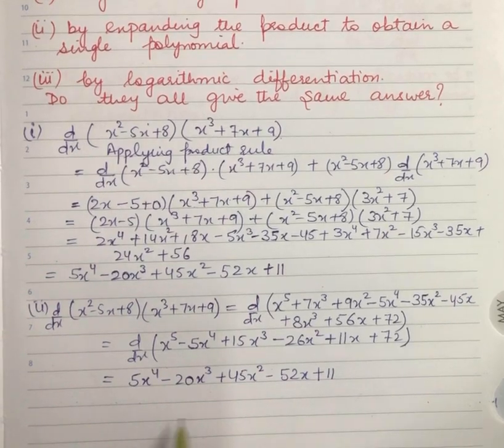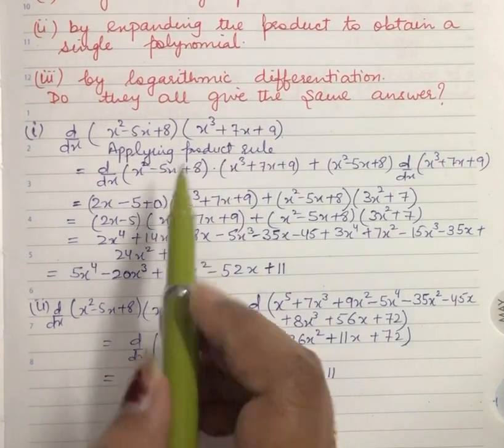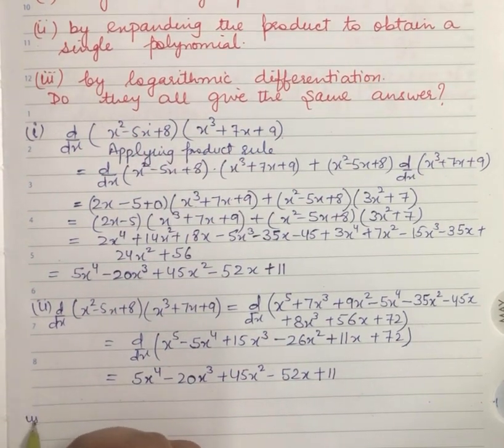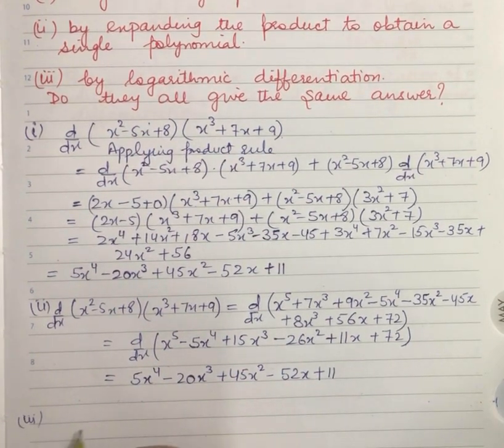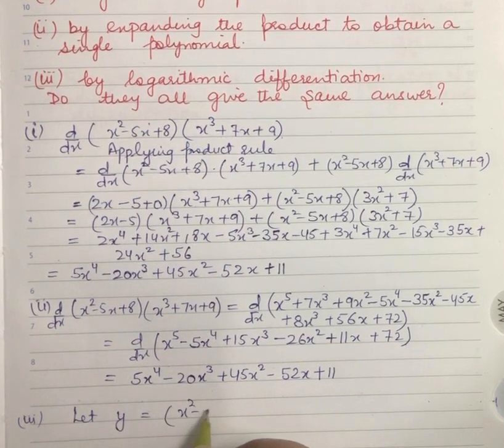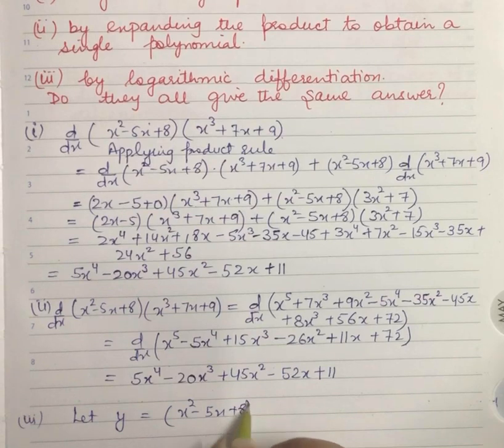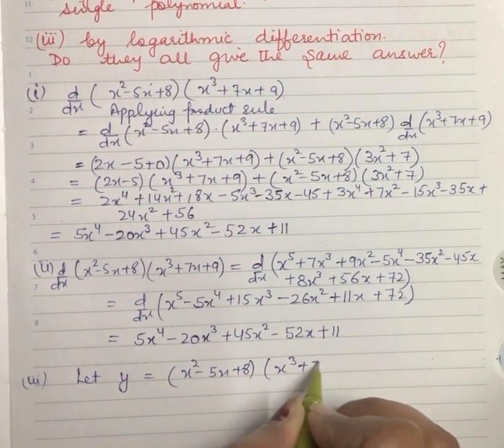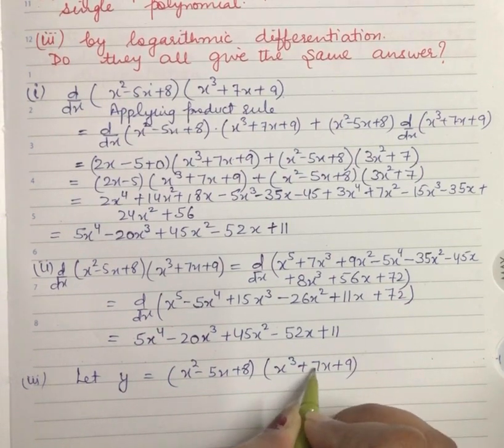Now in the third method we have to apply logarithmic differentiation, and we will see that we are getting the same result. So let y equal to x square minus 5x plus 8 into x cube plus 7x plus 9.